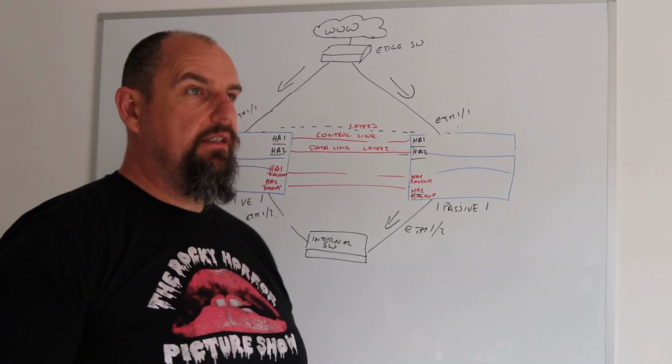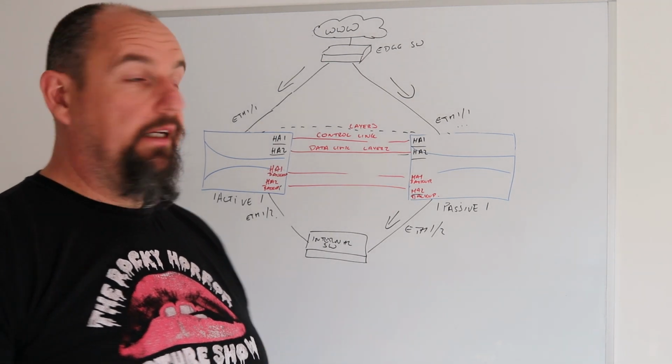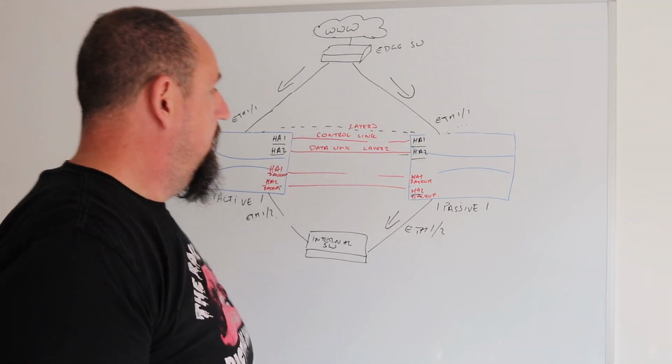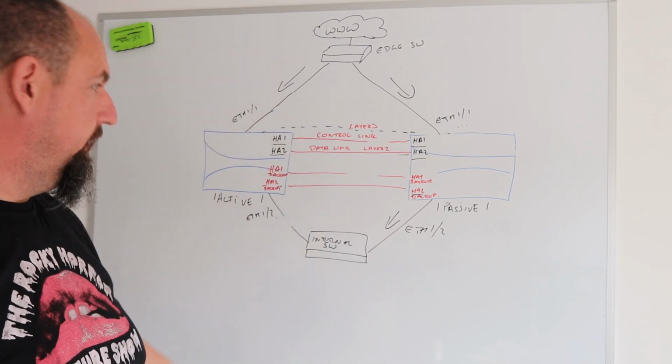The thing with active passive is that really it's kind of teaching you to suck eggs, because all active passive pretty much works the same way. It's a gratuitous ARP up or down.